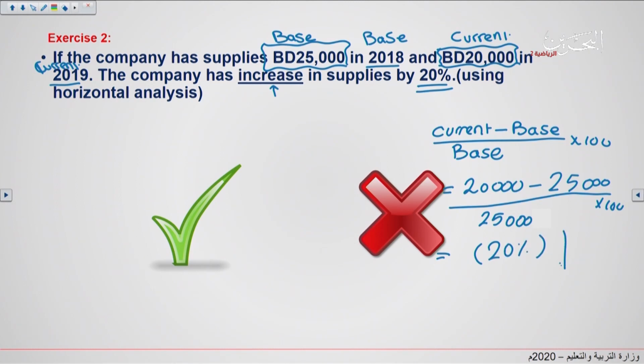So the result is a decrease and not an increase, so the increase is wrong, so the answer is false.